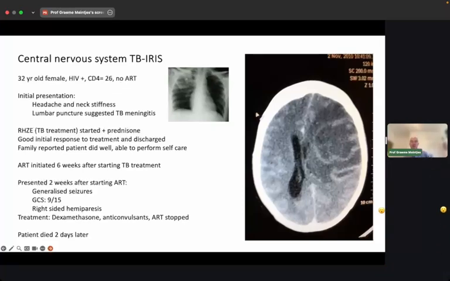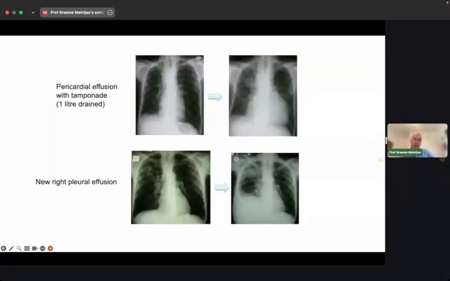Some other examples of TB IRIS: what can happen is that effusions can enlarge or form. So the top panel, these are two separate patients. The top panel was a patient who had TB pericardial effusion, and this was at the time of starting ART. The effusion had resolved on the left-hand chest X-ray, still had some right-sided mediastinal lymph nodes.